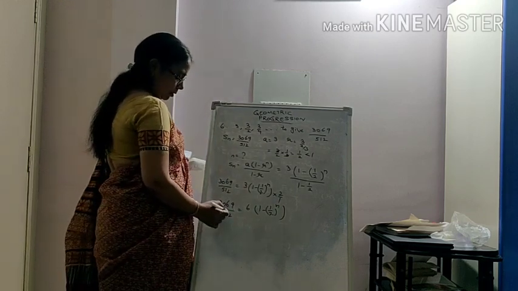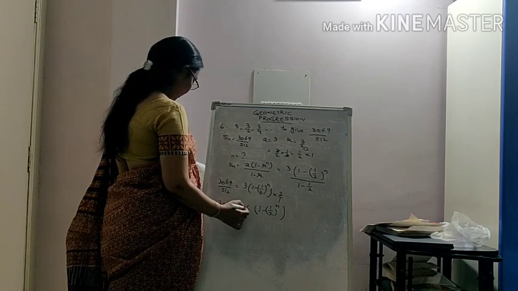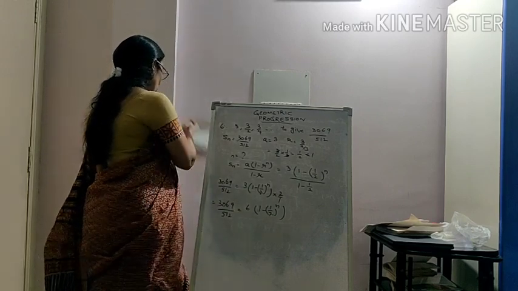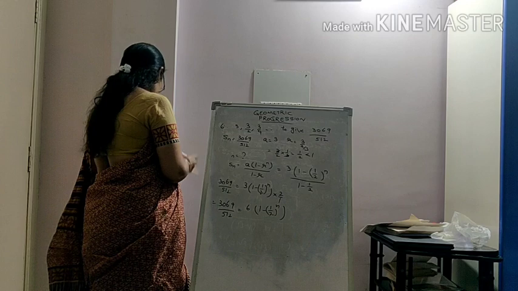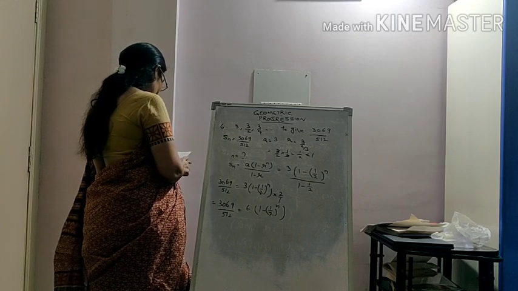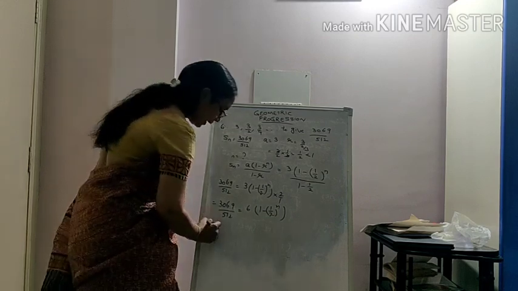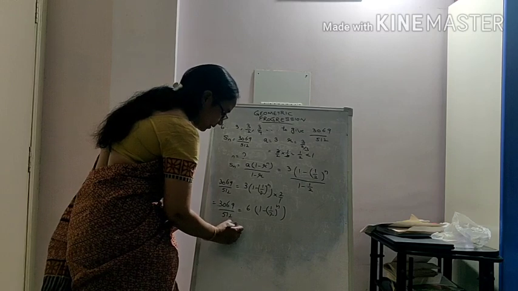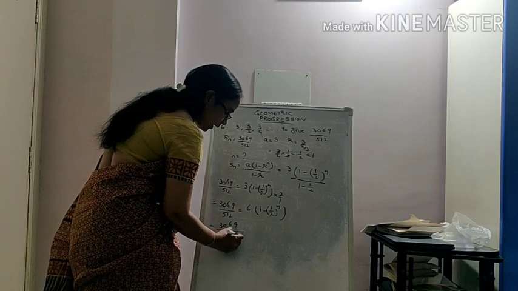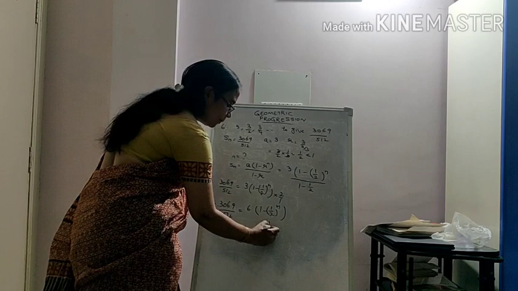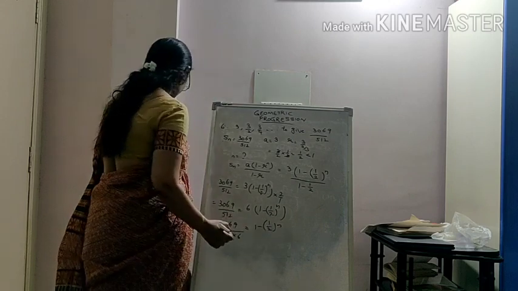3 will go 2 times. I can write 3069 upon 512 into 6, 1 minus 1 by 2 whole to the power of n.